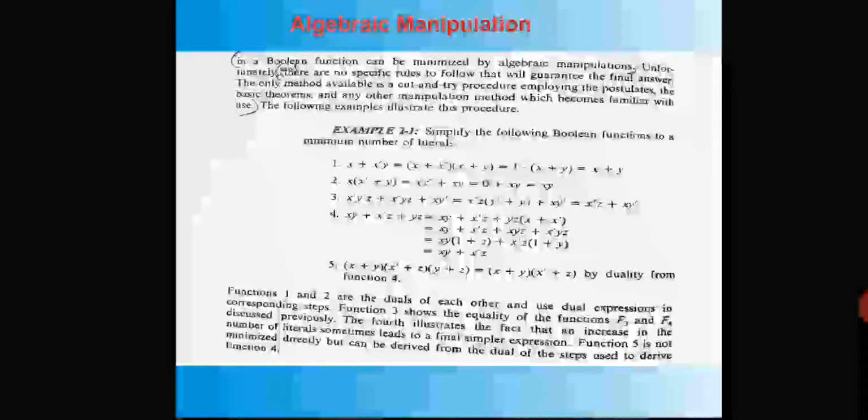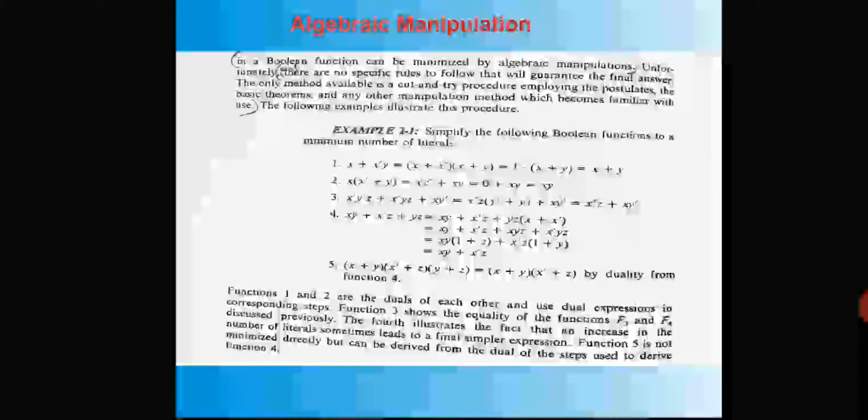If you have already noted it down, you can check the postulate number, and otherwise you can go to the previous video and check. This is one of the postulates where 1 is nothing but x plus x dash. Now ultimately you have simplified the answer to 1 into x plus y equals x plus y. So x plus x dash y is minimized to x plus y.